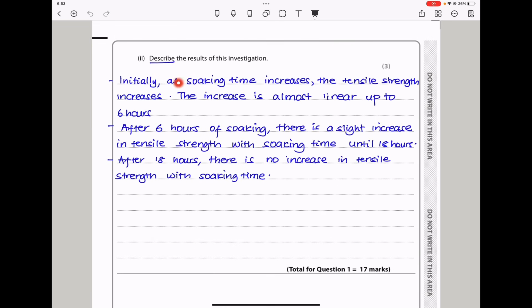So I said initially as soaking time increases, the tensile strength increases, and the increase is almost linear up to 6 hours. After 6 hours of soaking, there is a slight increase in tensile strength with soaking time until 18 hours. And after 18 hours, there is no increase in tensile strength with soaking time.